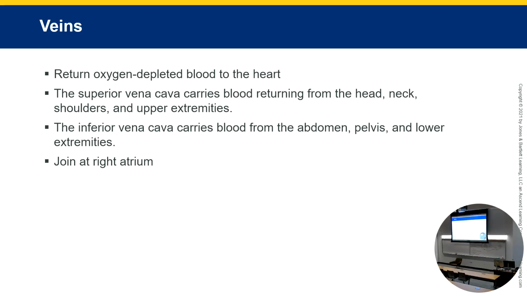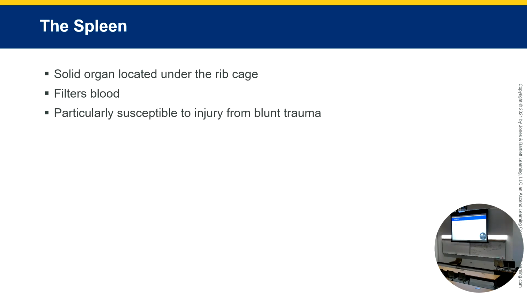Already hit the veins, we're fine there. Perfect. The spleen, let's go through some organs rather, okay? You are going to be tasked with knowing where the organs are located underneath the skin.